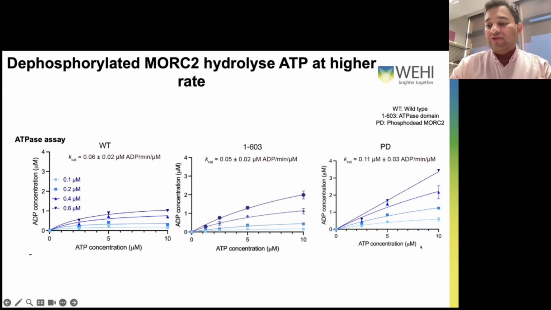However, if we take a phosphodeficient version of MORC2, where all the phosphorylation sites have been converted into alanine, we do see that the rate of hydrolysis has doubled, and that shows that dephosphorylated MORC2 hydrolyzes ATP at much higher rates.